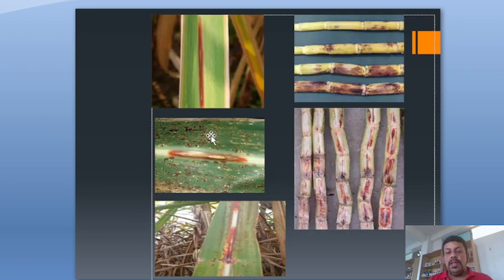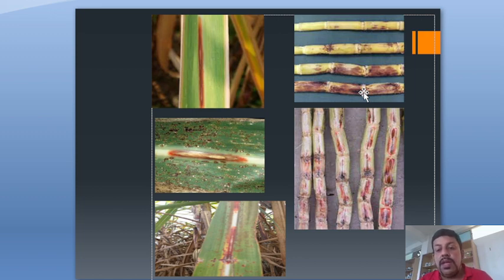In the beginning, these symptoms appear on the leaves. In the mature stage, all the internode area gets affected. You can see some blackening, and slowly this will cover the internode. The node is not affected because the node area is a very strong area, so it cannot be affected by the fungi.